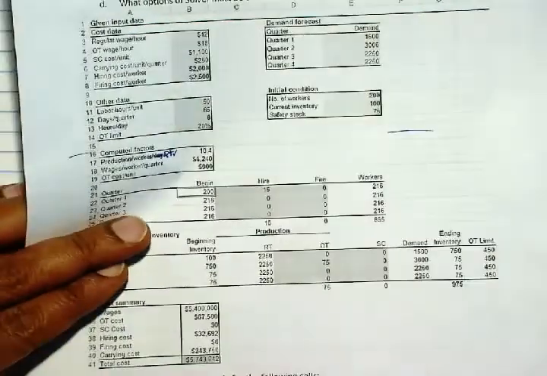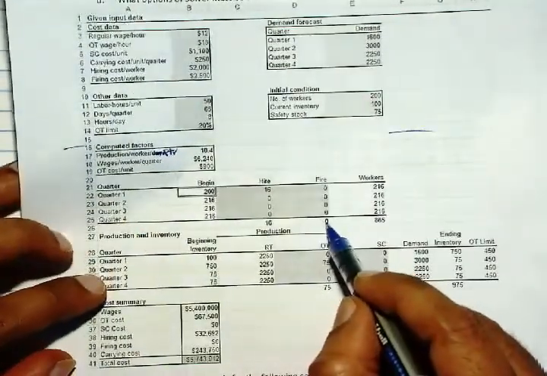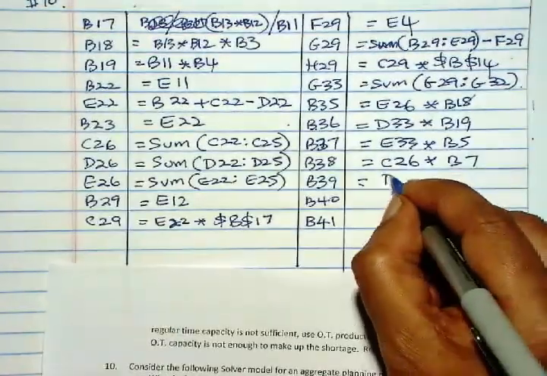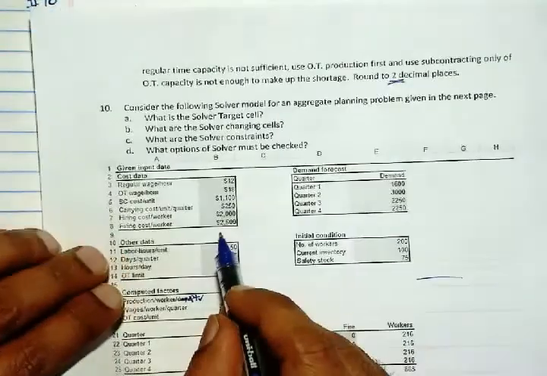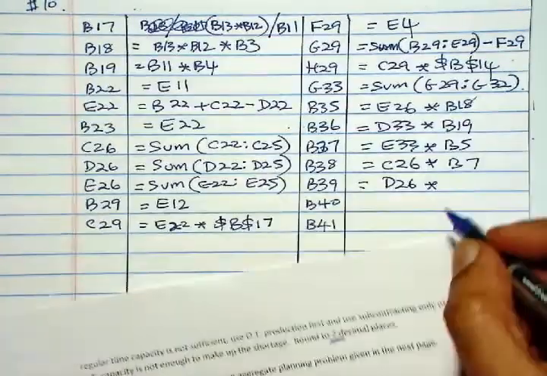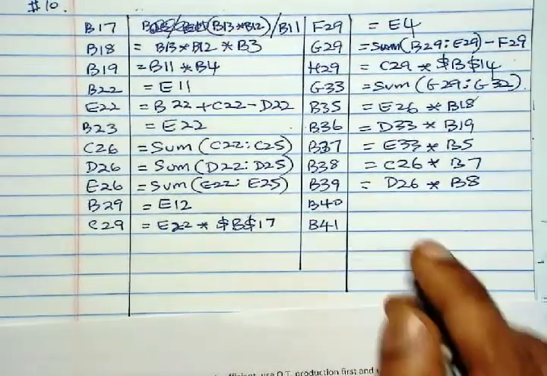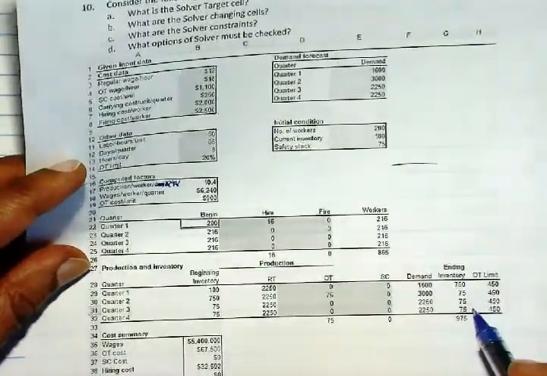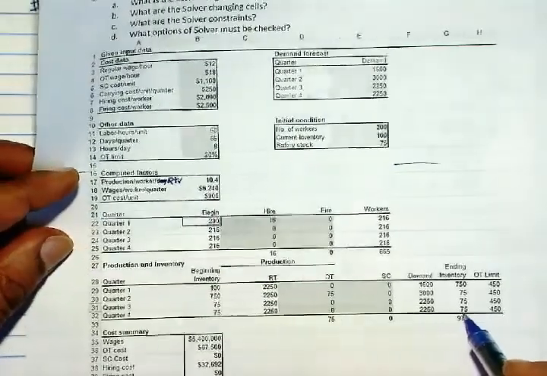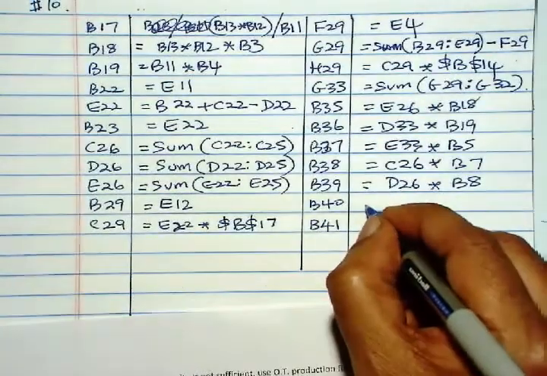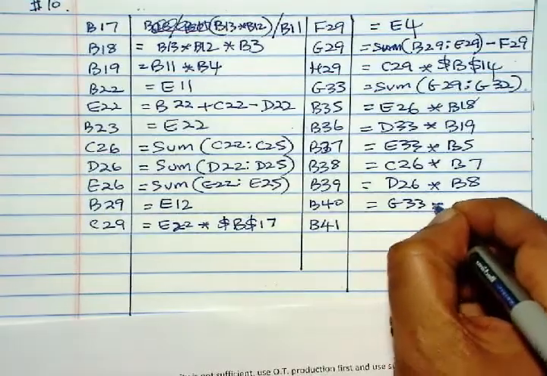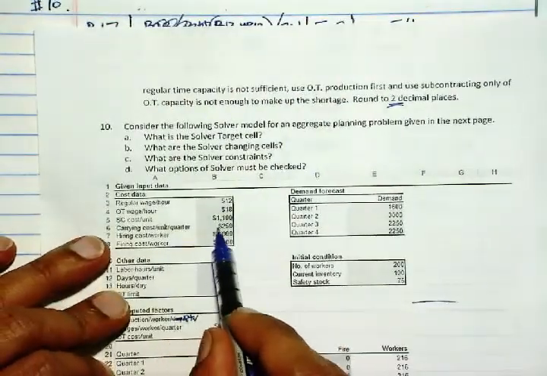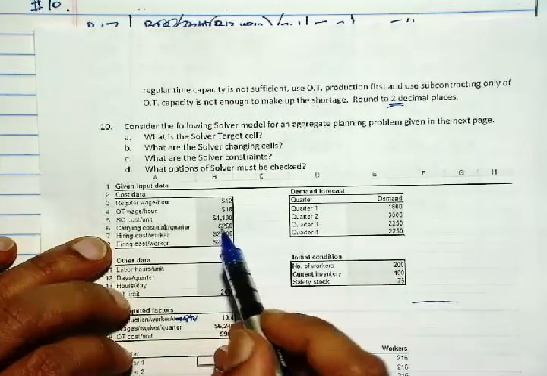C39 is firing cost, and the total workers fired is in cell D26, and cell B8 has the firing cost per worker. This is B40, carrying cost. Now here is the ending inventory, which is cell G33, times the carrying cost per unit per quarter in cell B6.